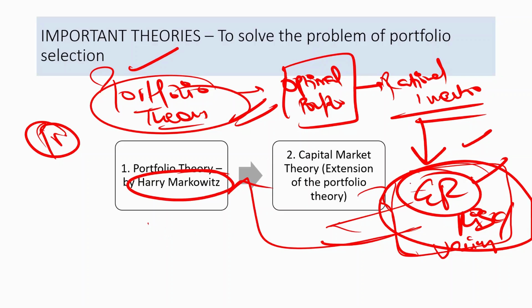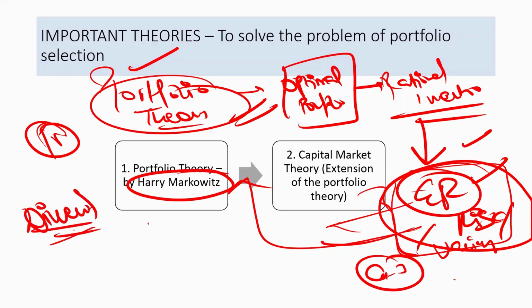The basis is risk and return analysis. In case you don't know these concepts, you need to check them out in chapter number 3 that we have already covered in one of our videos. Till now, what we were focusing on was diversification. We said you need to diversify your risk and invest in different types of securities.